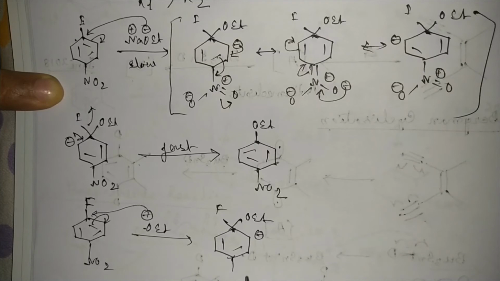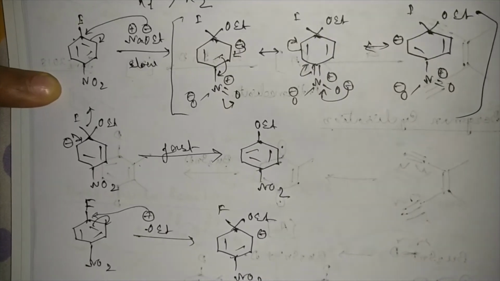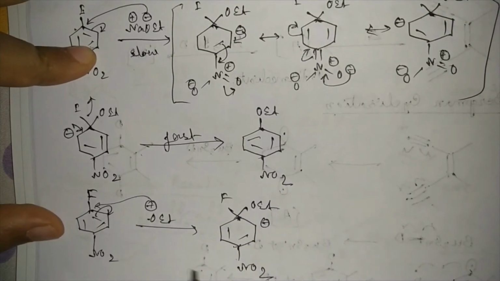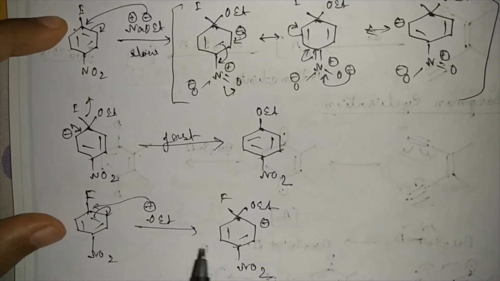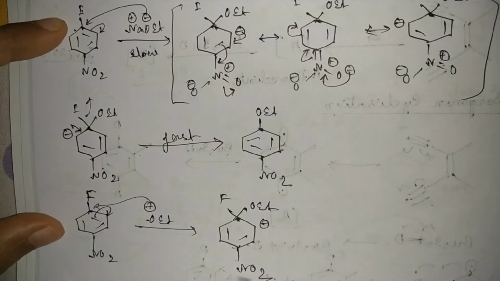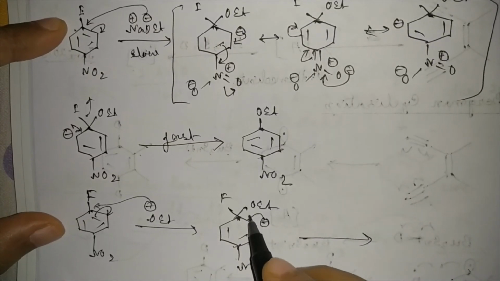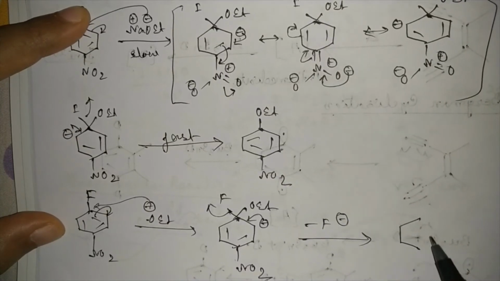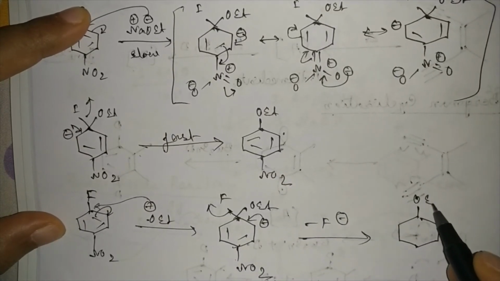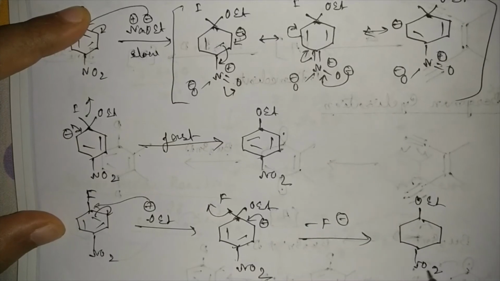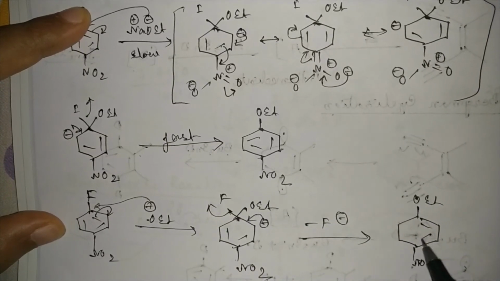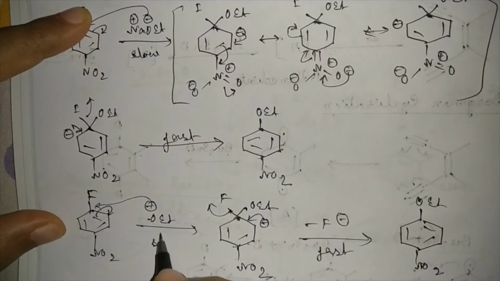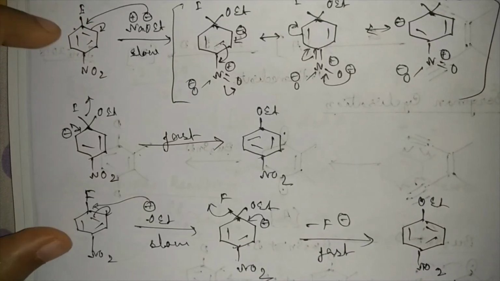It is called the Meisenheimer complex. Now F minus will be removed. So this will be the product. This is fast. This is slow.